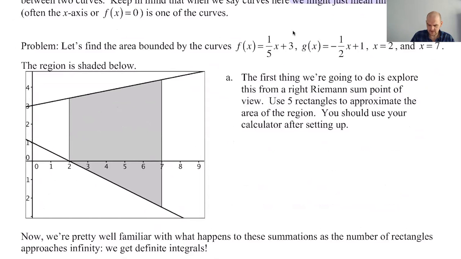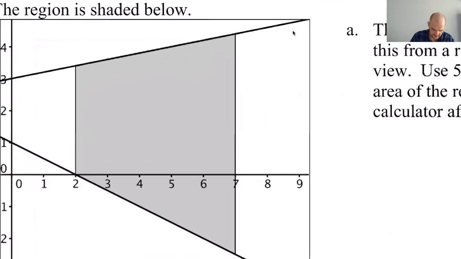Riemann sum using 5 rectangles. So the key here is it's a right Riemann sum, 5 rectangles. So for 5 rectangles, we're gonna divide up from 2 to 7 into 5 equal pieces. I'm not gonna make you watch me make rectangles here, even though I want to.